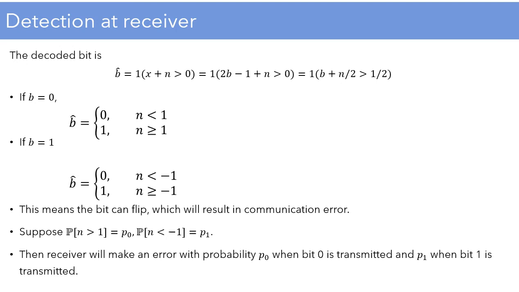Similarly, when bit 1 is transmitted, the error would be when n is less than minus 1, and the probability of that is P1. And if you have symmetric noise, P0 and P1 are the same. So if you have Gaussian noise with mean 0, you would expect these two probabilities to be the same.